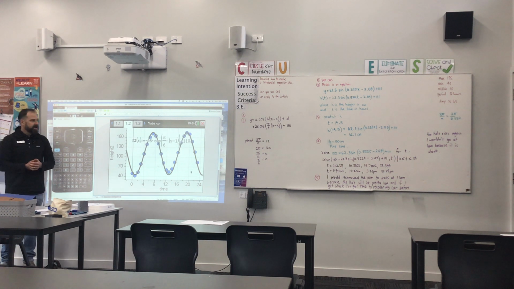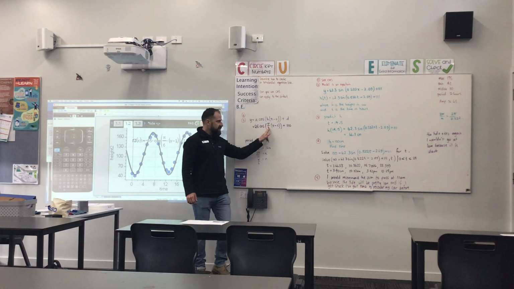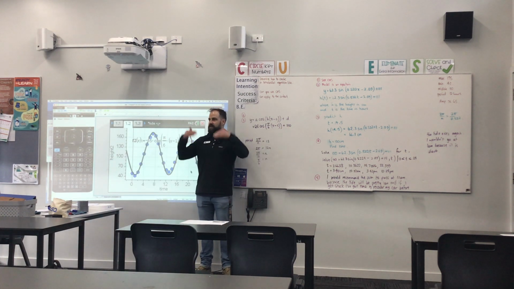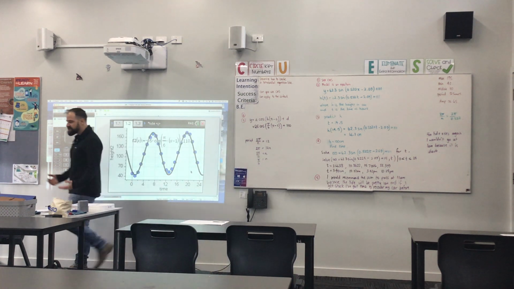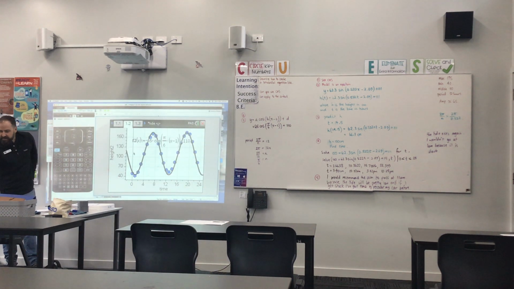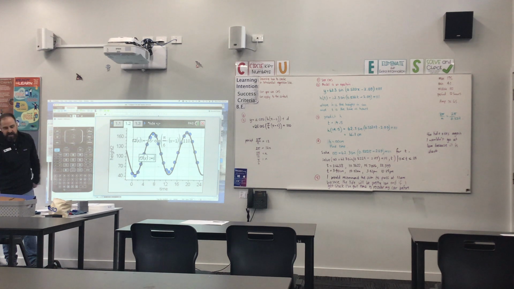So why I'm showing you this is we use the amplitude, the period, and those translations to help us start with the equation. And then I can test what I think it is on the calculator by going menu, analyse, plot function. And you get your calculator to draw a graph over the top.